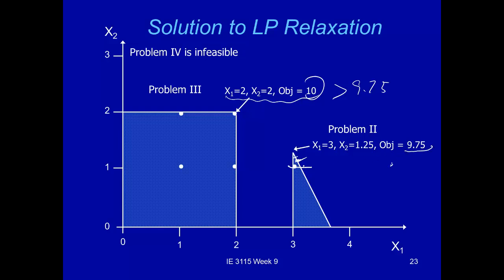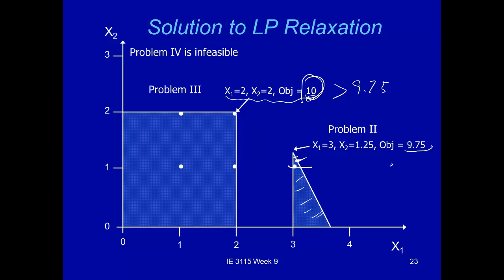It's always better than its ILP. And because this value is already better than here, that means this 10 is better than the objective function value of any integer solution we can find by continuing to branch on this problem. So we're done. So that's the optimal solution, the optimal objective function value for this entire problem. Okay, any question?